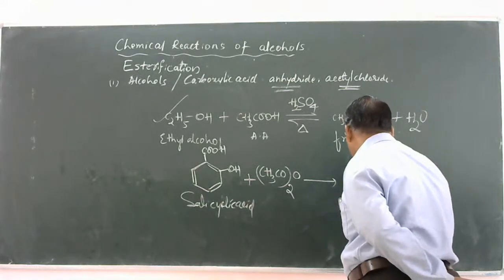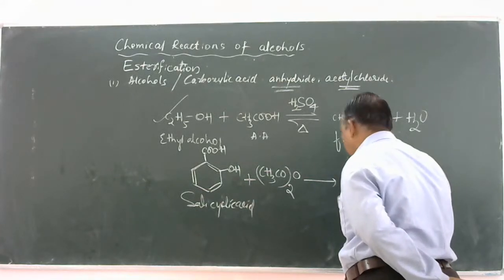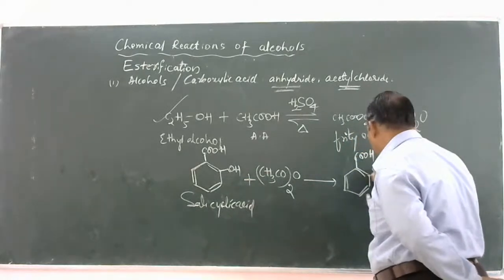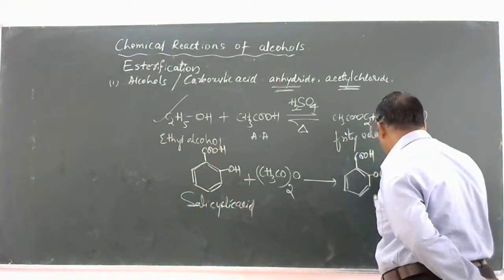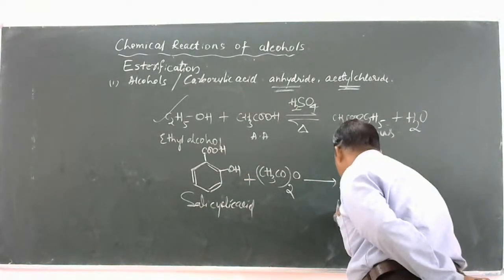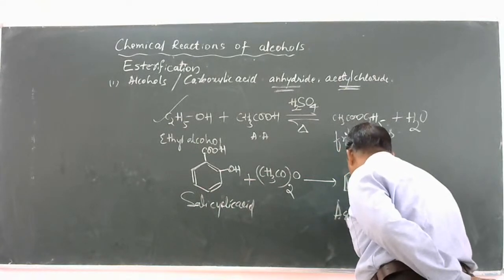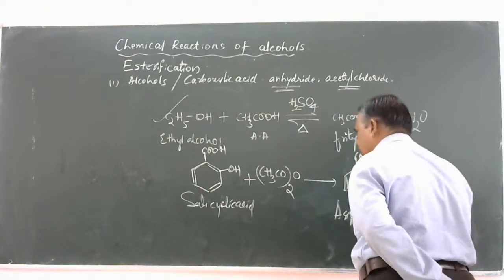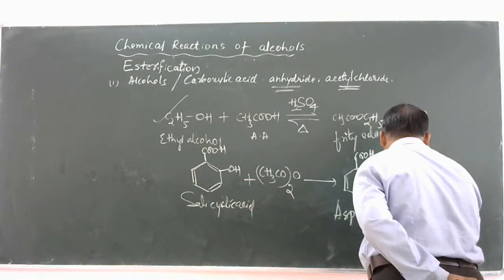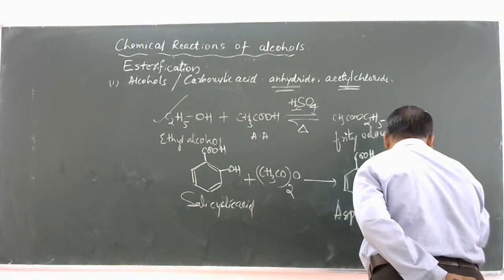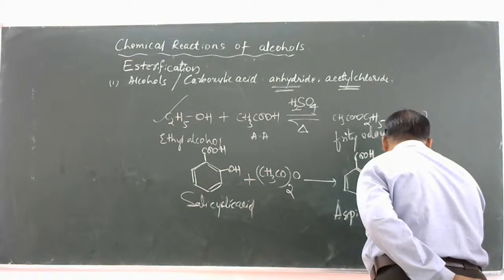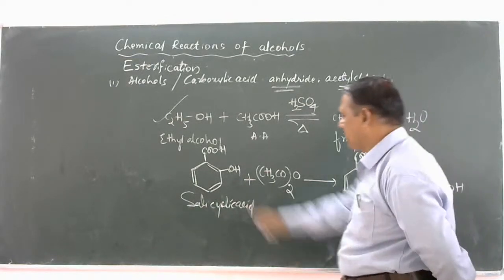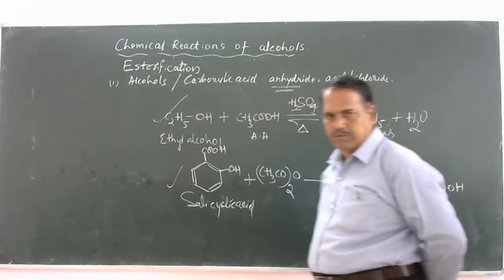So the benzene ring, again COOH, and this hydrogen is replaced, and you will get OCOCH3, which is called aspirin. And plus we will get CH3COOH, which is acetic acid. So this equation we have as an example.